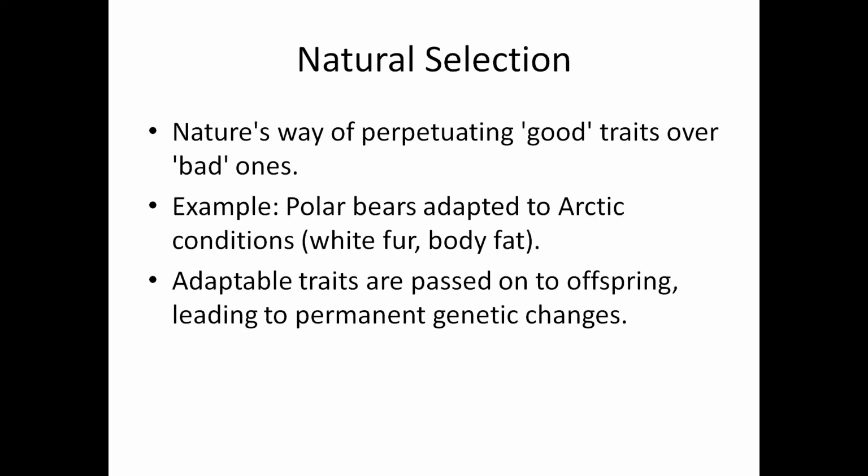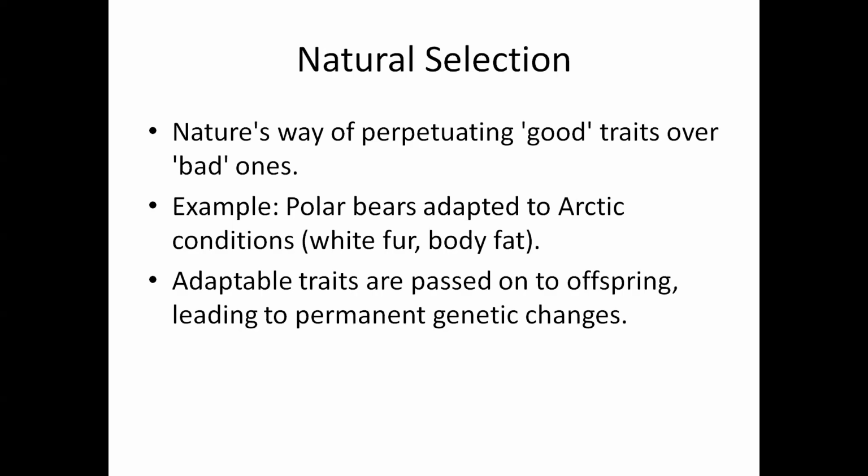So natural selection is basically, another example is given here: polar bears adapted to Arctic conditions. They have white fur and body fat. They have adapted in such a way because there is a lot of cold there.